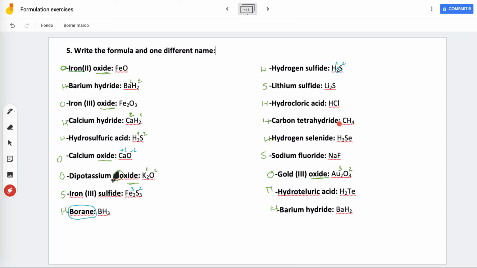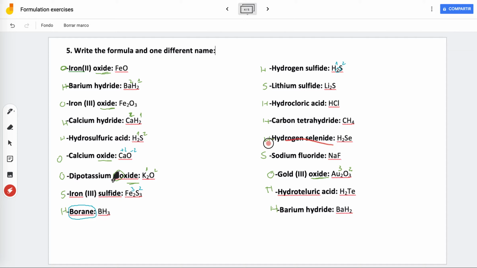Carbon tetrahydride. Carbon has an oxidation number of 4, and hydrogen 1. Yes, so this will be the result, CH4. Hydrogen selenide. Hydrogen is 1, selenide is 2. We swift, and that's it.